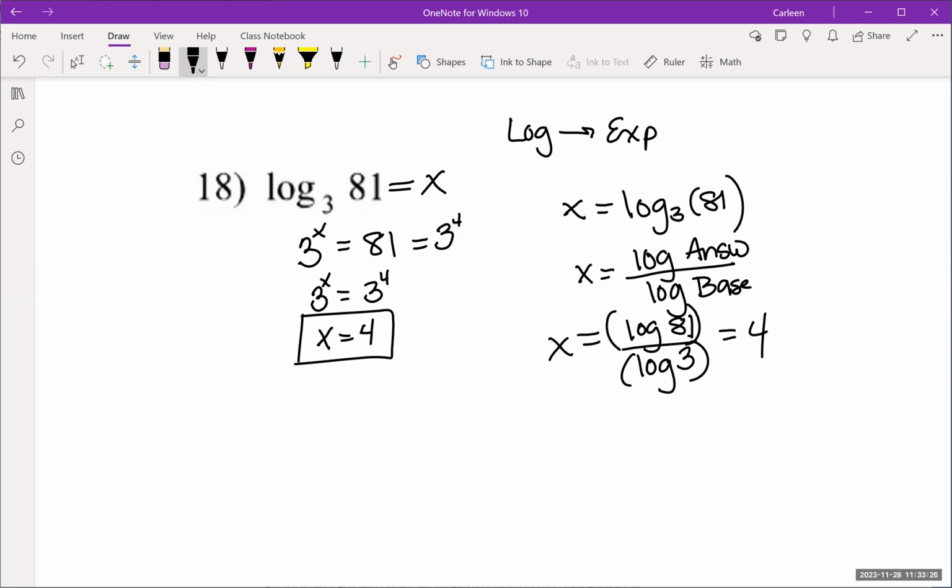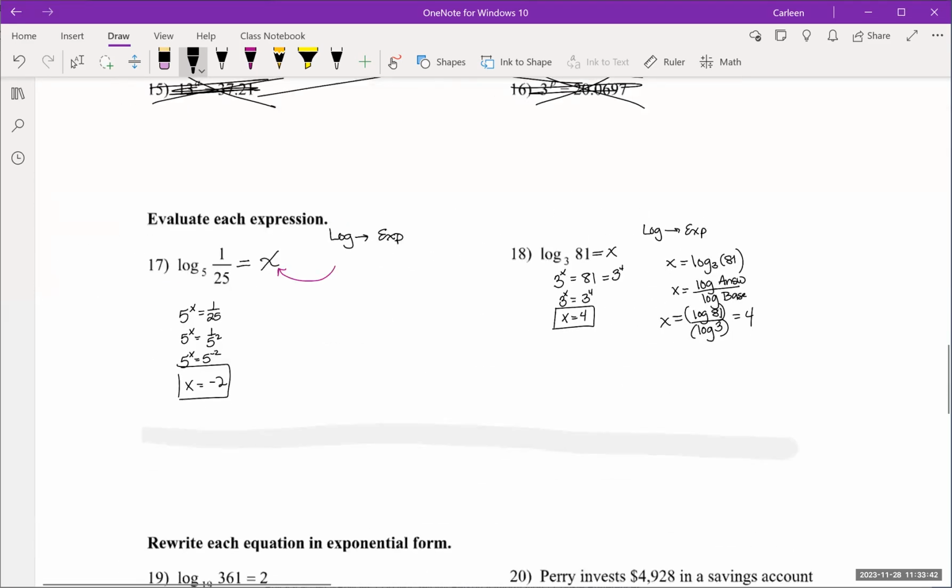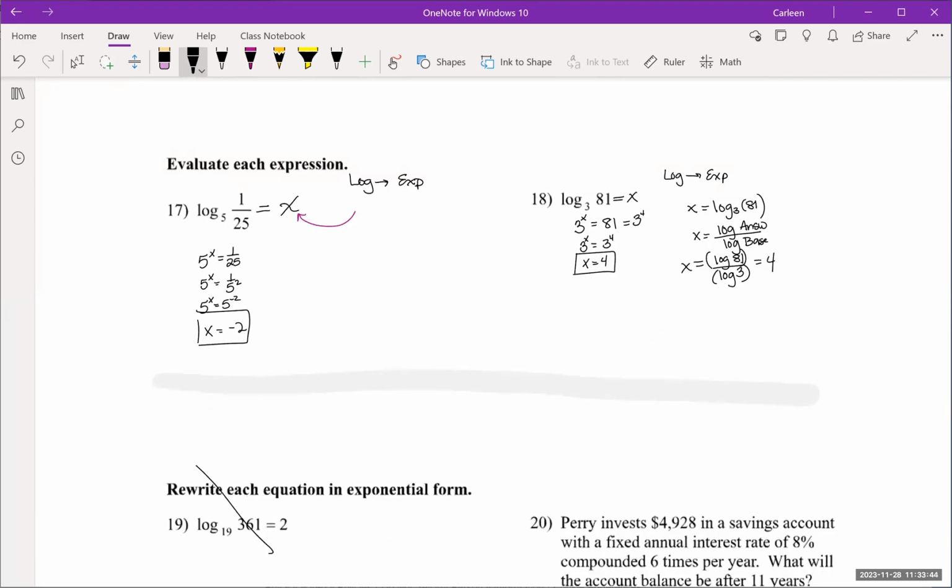But with practice, people tend to really like this method, believe it or not. Log of the answer divided by log of the base. It gets faster. This one. I actually like logs. Okay, we don't need to practice this one. Do not do.